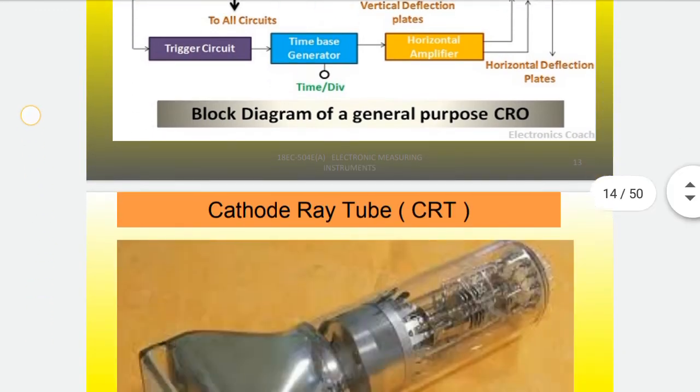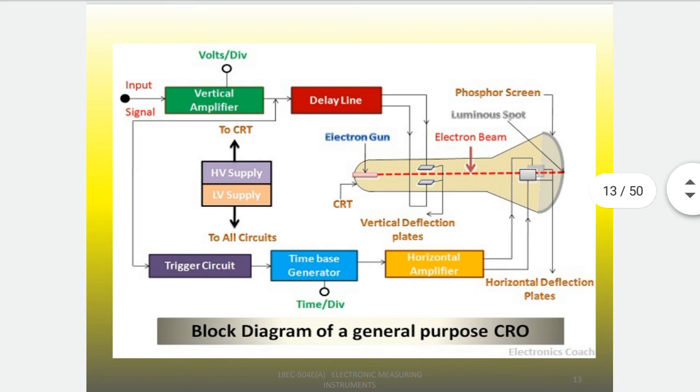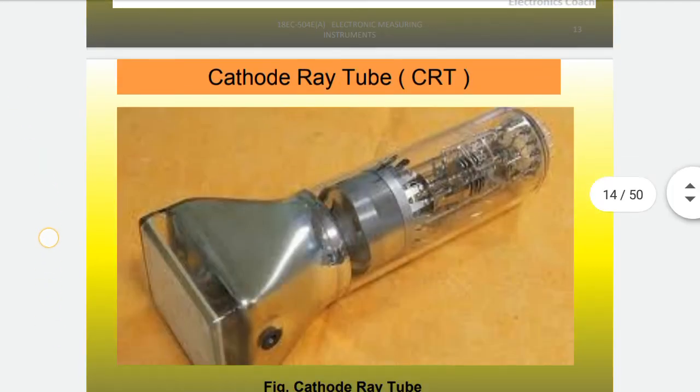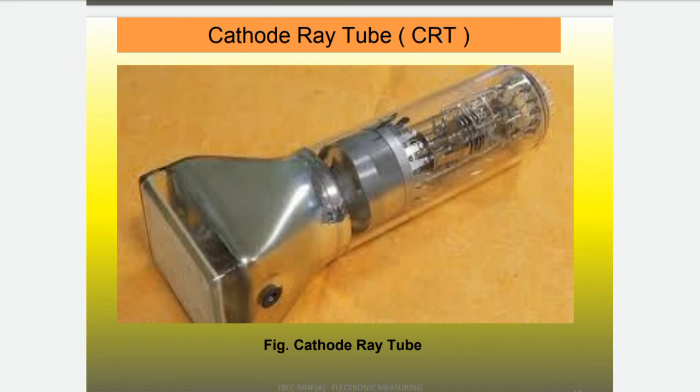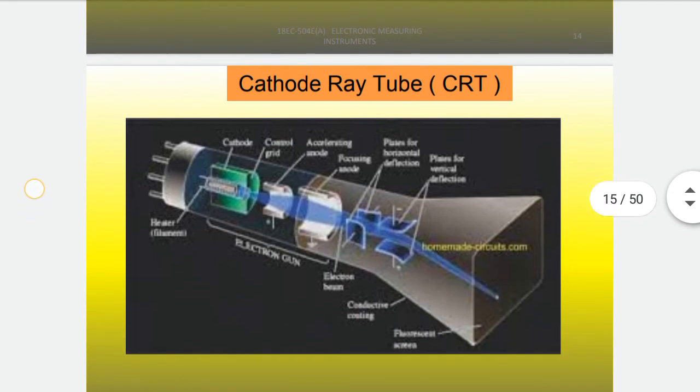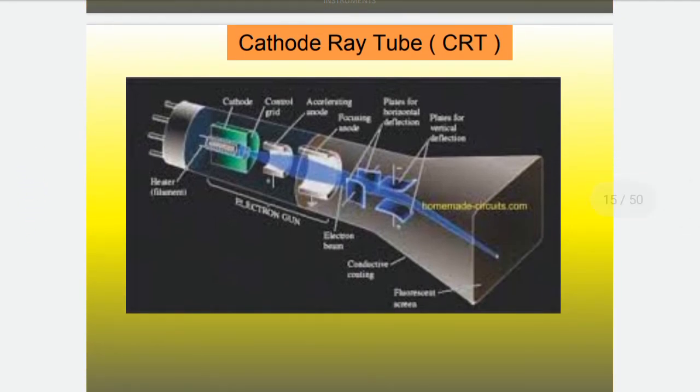Now the main heart of this CRO is the cathode ray tube. Coming to the CRT, you can see here there is a flat display, that is the screen, and this is the internal structure of the CRT. You can see the pins are there. Here there is a heater filament, and next the cathode, control grid, accelerating anode, focusing anode, and pre-accelerating anodes, and the electron gun is there. That is the electron gun, an arrangement of cathode, control grid, accelerating anode and focusing anode.